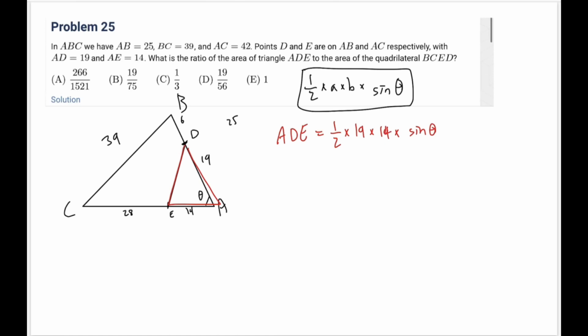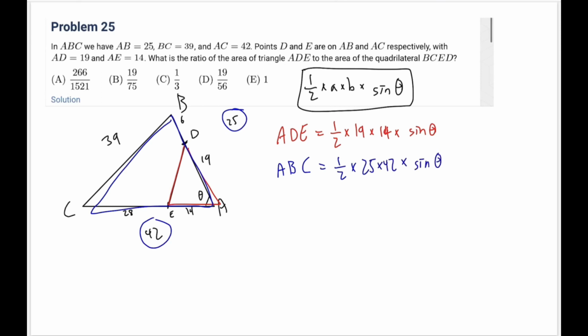And for ABC, this whole thing, this will be 1/2 times 25 times 42 times sine theta, since AC is 42. And so what we want is BCED. This is ABC minus ADE.